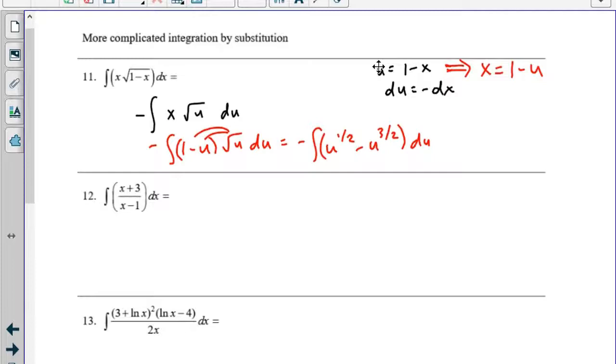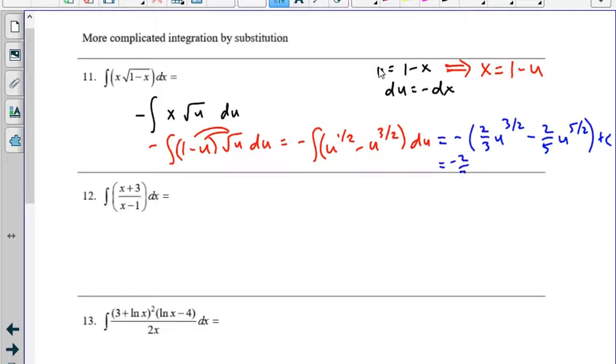So when I continue to do this problem, I end up with negative, and then I do an integral here. So the integral of u to the 1/2 is 2/3 u to the 3/2, and the integral of u to the 3/2 is 2/5 u to the 5/2. And then we have this plus c. So I can write my final answer by replacing u with 1 minus x.